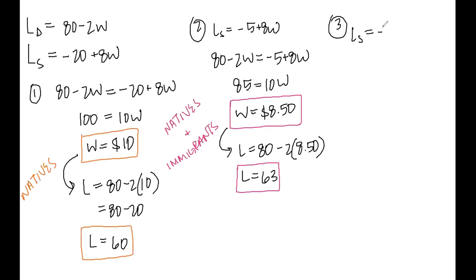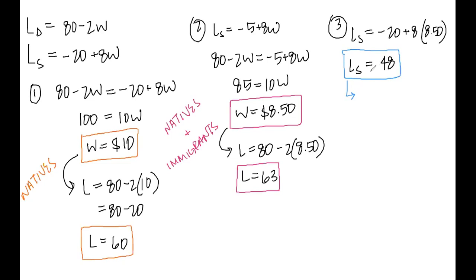So labor supply equals -20 plus 8 times 8.50. And it comes out to be a labor supply of 48. So what we see is that there were originally 60 native workers in equilibrium. Immigrants came and increased the total amount of employed to 63 at a lower wage rate.